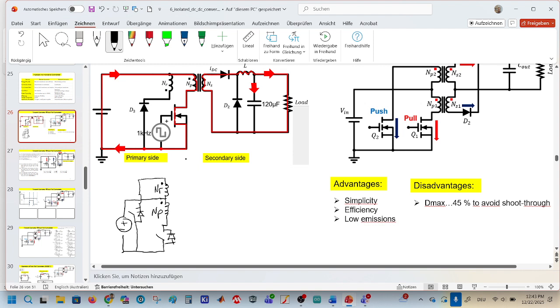And this was, for example, Q1, and this is Q2.